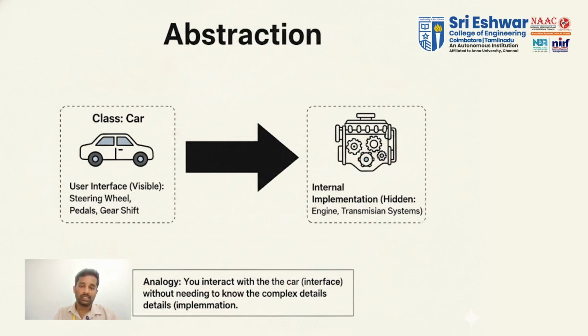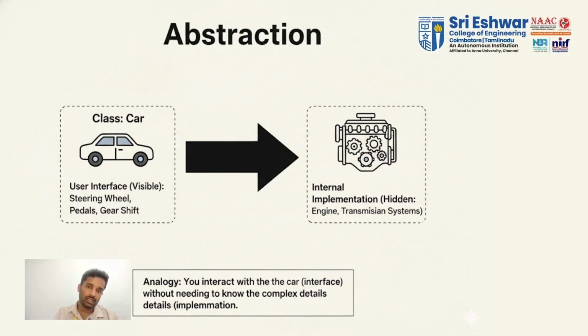When we change the gear, the speed may vary depending on the gears. But how the speed varies depending on the gear, we don't know, right? How the engine adapts to the gear position and changes its speed is hidden from the users of the car, which is called abstraction.